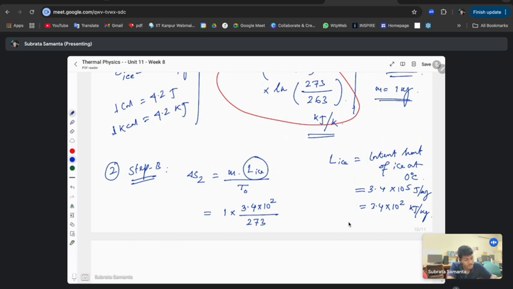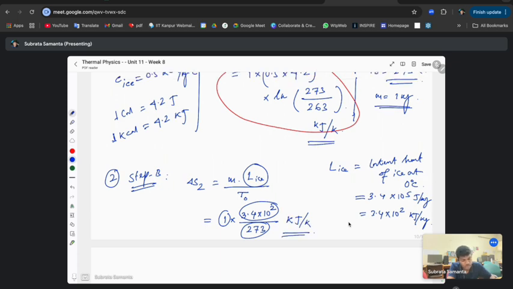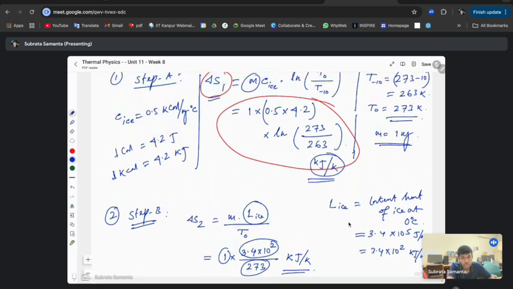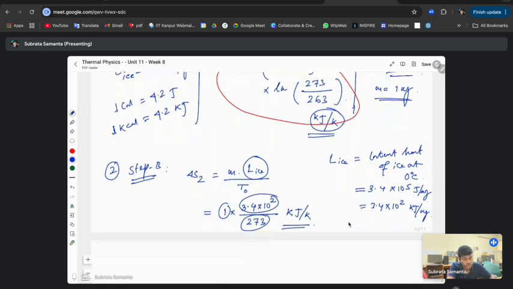The unit is kilojoule per kg divided by Kelvin, so kilojoule per Kelvin, because delta S1 was also calculated in kilojoule per Kelvin.